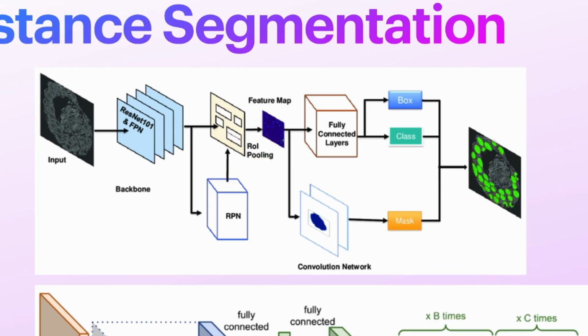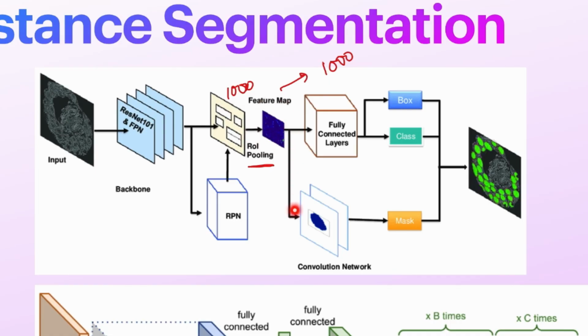Let's suppose the RPN predicted 1000 proposals here, right? This particular feature map will have an individual feature set for each of the 1000 boxes. This is done by using the RoI pooling concept. I'm not going into detail on RoI pooling, but the core idea is we get the feature maps at the object level or instance level here.